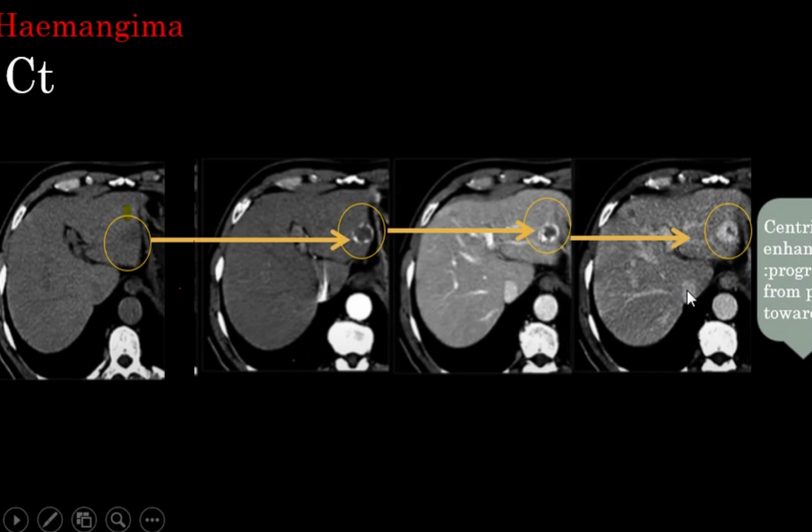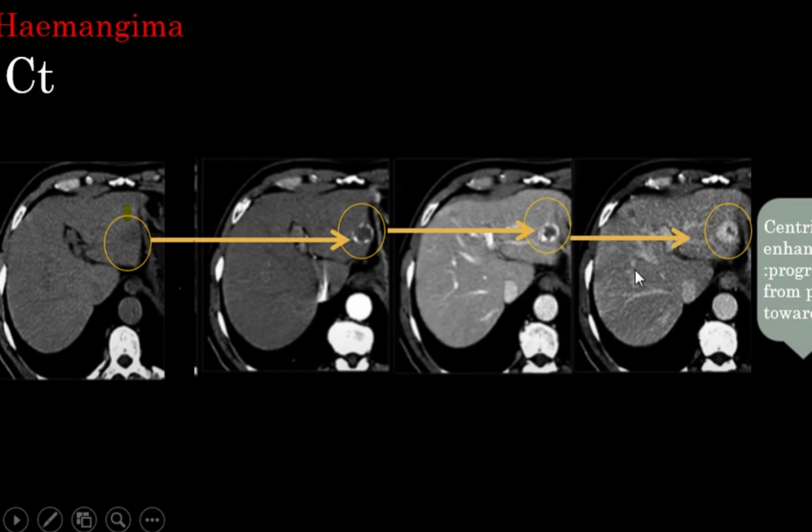In the arterial phase, when the contrast is given, there is peripheral enhancement, but the pattern of this enhancement is not like a complete ring. It is discontinuous and nodular, and it starts at the periphery. As time goes by, there is gradual filling of the lesion until it completely fills in.